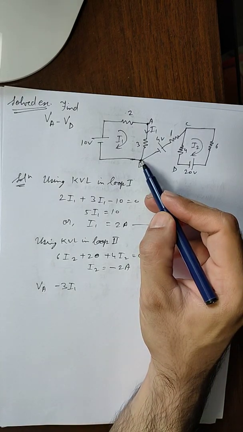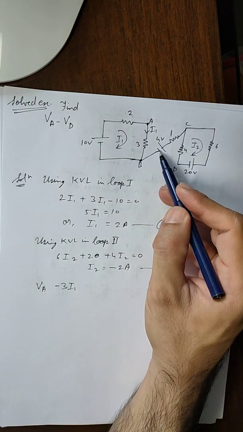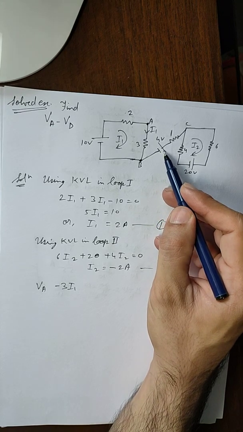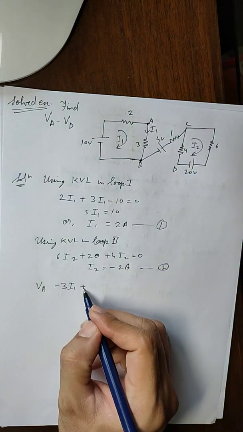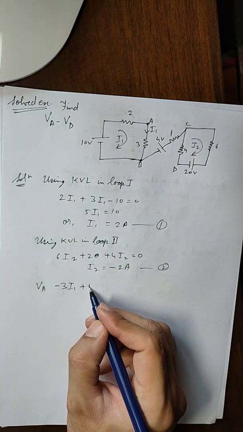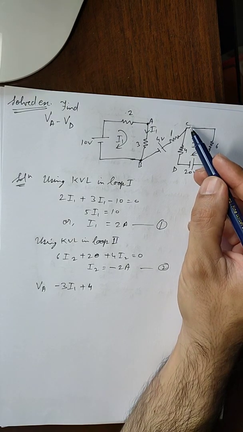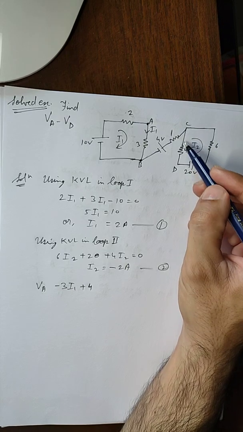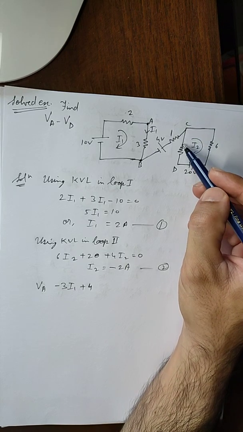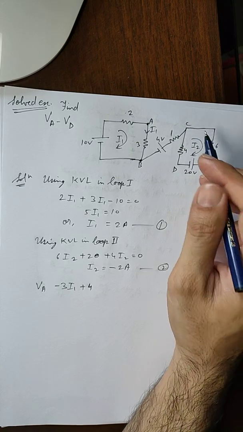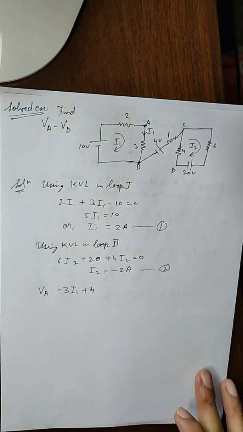Then here when we are moving from B to C, the potential will be gained because of this battery, so again the potential will become high, so we'll write plus 4. Then here we are moving opposite to the direction of I2, and the potential is decreasing, so both minus signs will become plus.